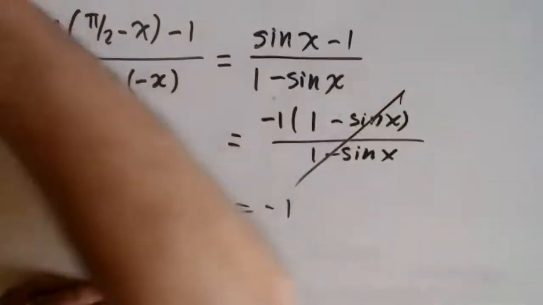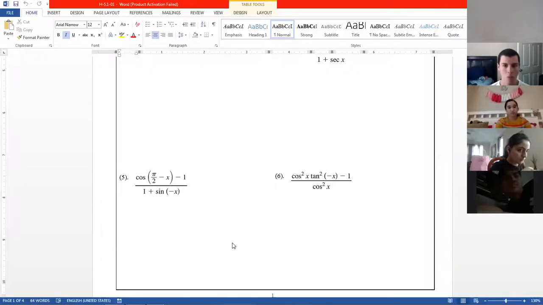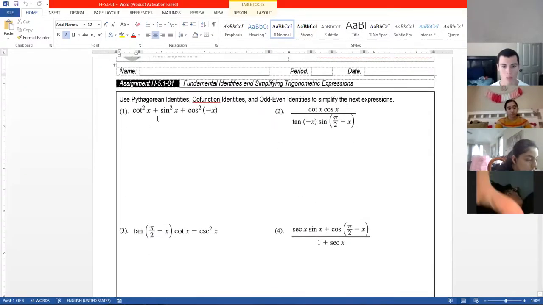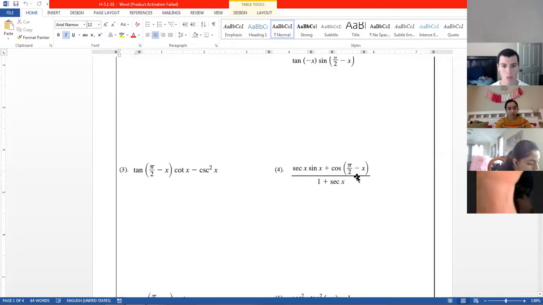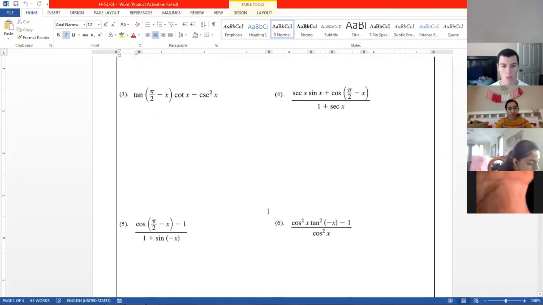A ver, from page 2, let me just share the screen. So in page 1, you have this. These ones pretty much are the same. It's pretty much the same thing.